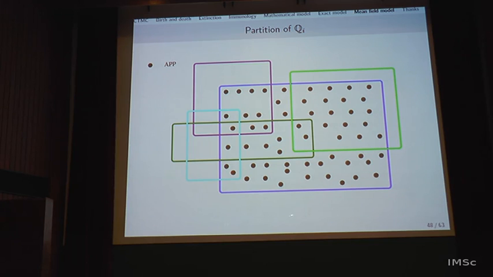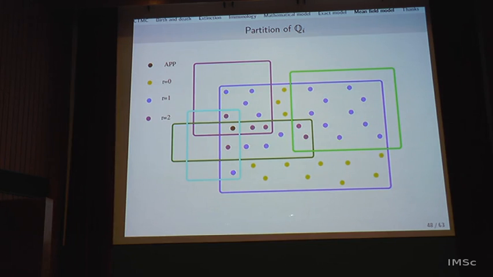The question is that mathematically I can uniquely partition this set QI, all these dots are part of QI, by introducing this competition index R. I can label my peptides that are not competing with anything else in yellow, so competition index 0, and all the ones that are competing with just one other clonotype, R equals 1, or 2, and in this diagram I only went up to 3.